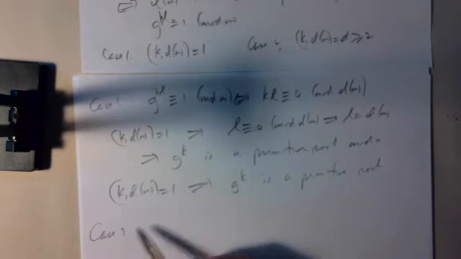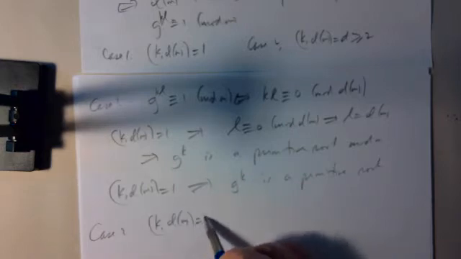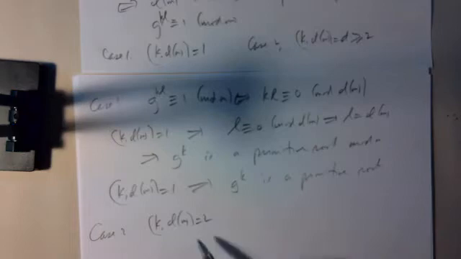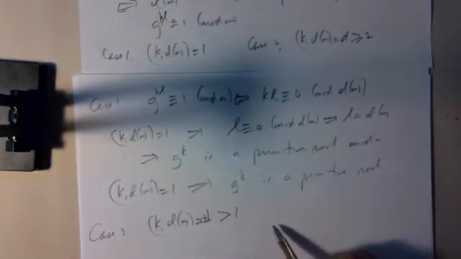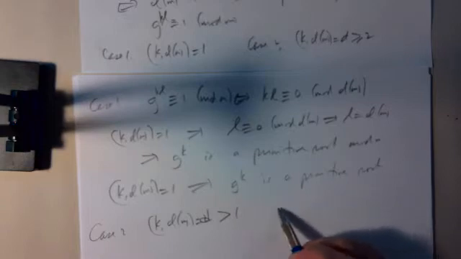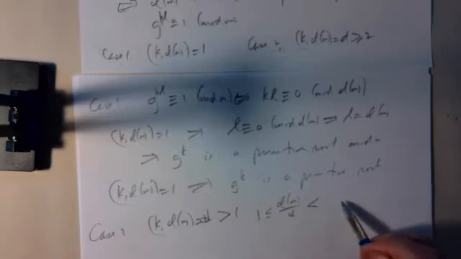In the second case, the greatest common divisor of k and phi of m is d, which is bigger than 1, at least 2. So phi of m over d is an integer, a positive integer which is strictly smaller than phi of m.